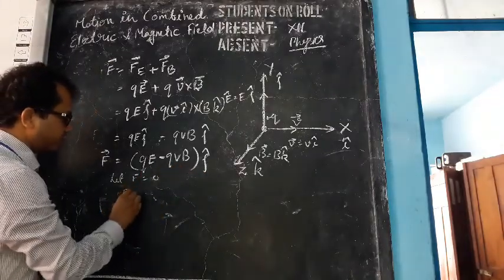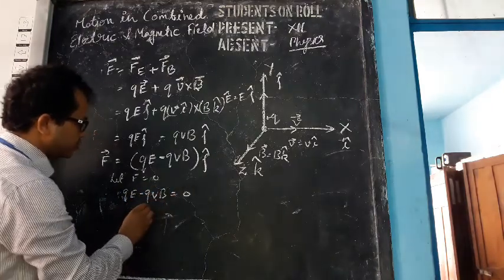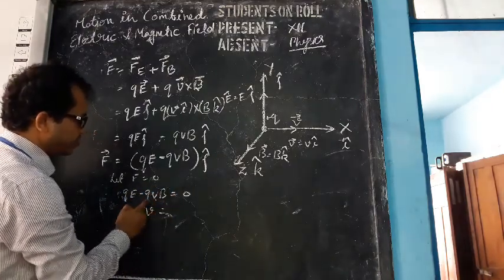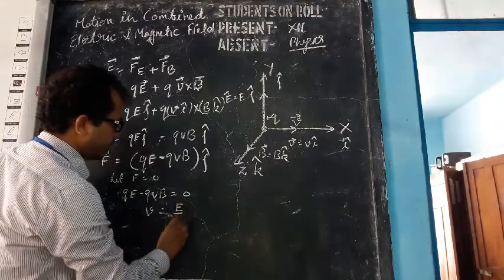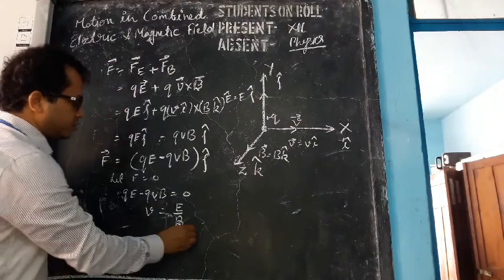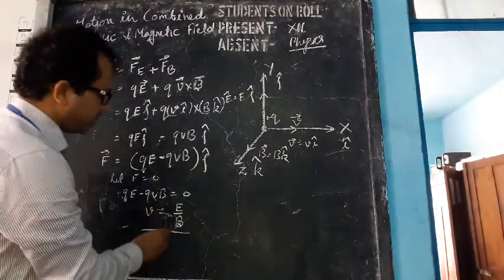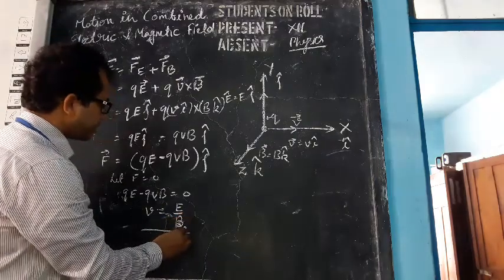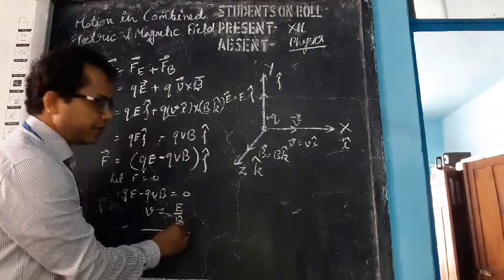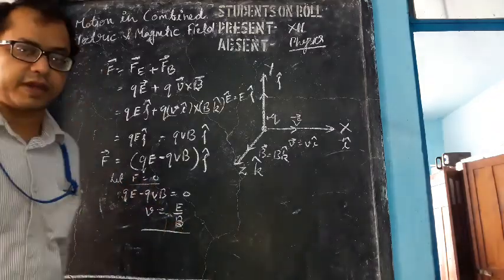So qE minus qvB equals 0. The q will cancel, so we get velocity v equals E by B. So this is the velocity of the particle, v equals E by B. If a charged particle has velocity equal to E upon B, then in that case the force will be equal to 0. So this is a very important condition.